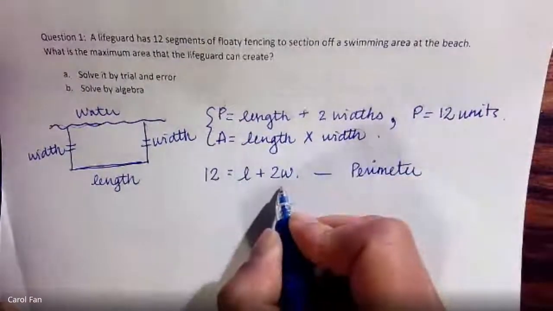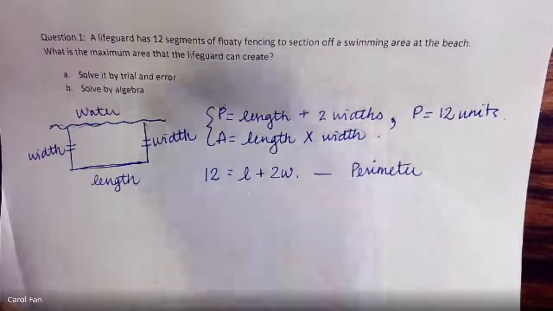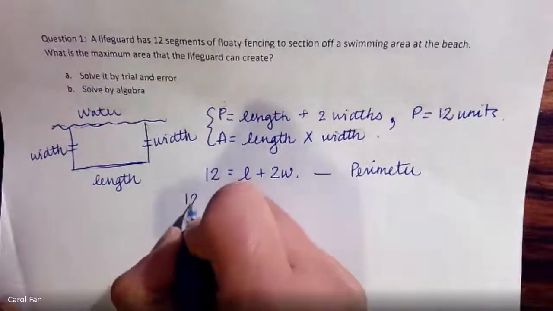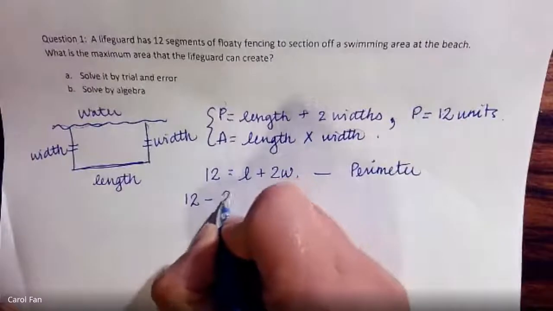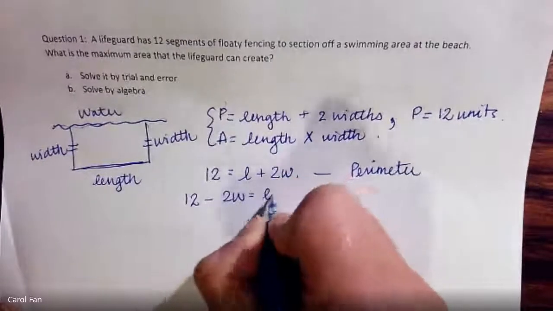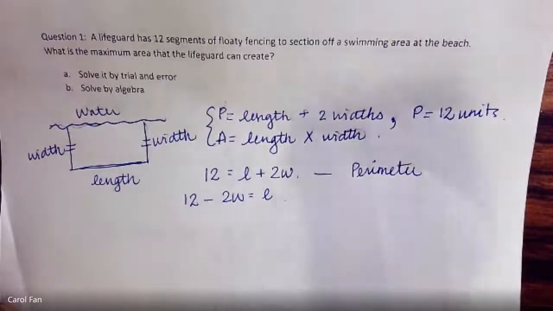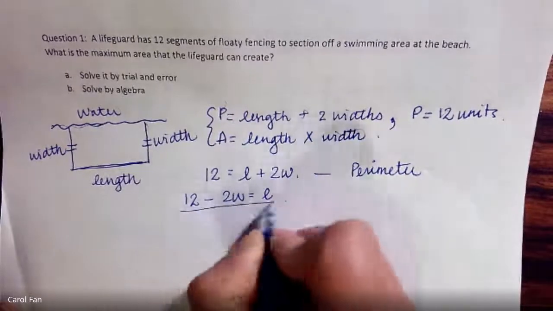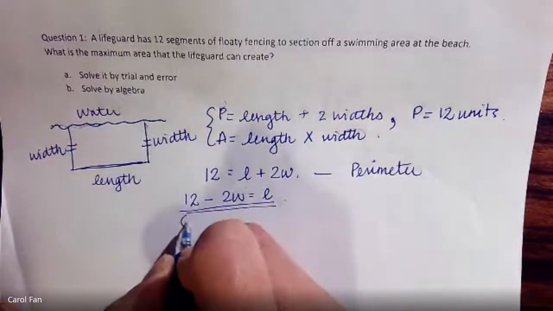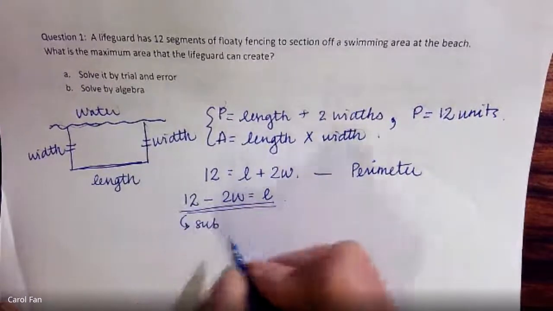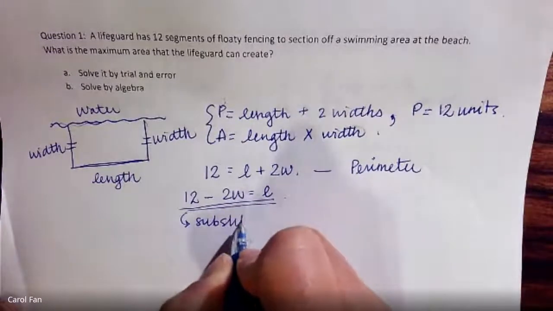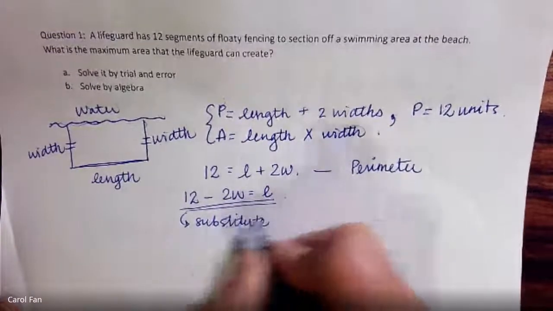Now let me rearrange this equation so that I have what L is. So 12 minus 2W is equal to the length. I'm going to take this and I'm going to substitute it into our area equation.